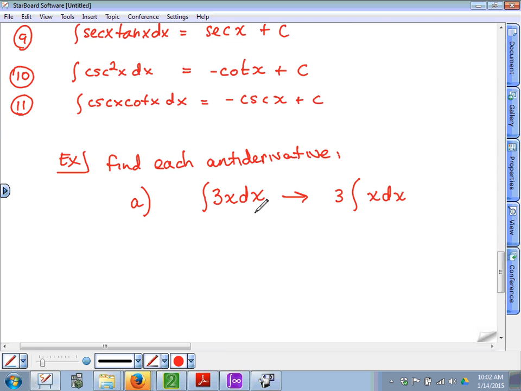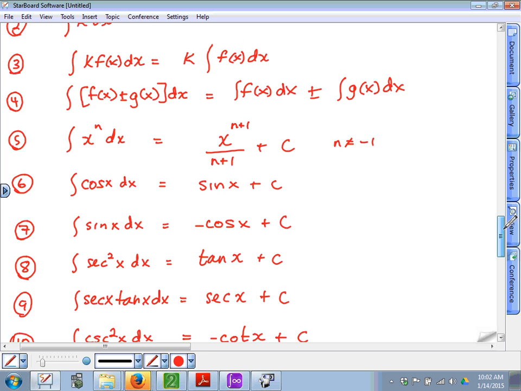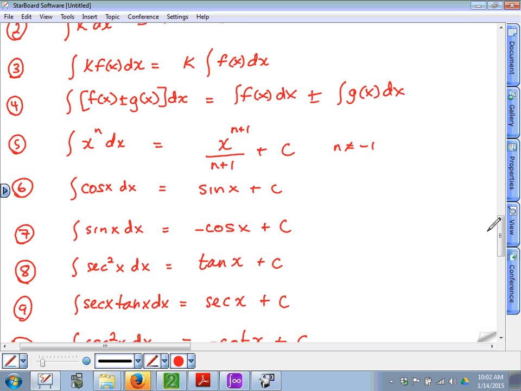Now, this x, you really need to think about as x to the first power. Go back up and look at your rules. Do we have some kind of rule that describes x to a power? It's the fifth property. What do you do with the power? You add to the power, and then you divide by whatever that power is.